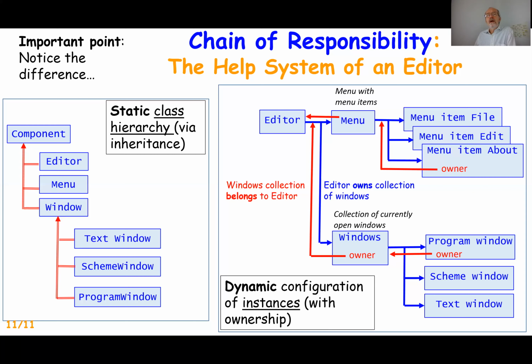And when we are talking about chain of responsibility pattern, we deal with dynamic configuration. We are discussing the relationships which are dynamically set up while the program is running. So on the right side picture, we have instances of objects that dynamically connect or relate to each other.